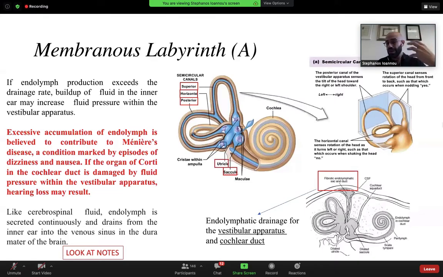So compared to any other part of our body in which we have in its majority the utilization of sodium, the semicircular canals mainly employ potassium communication.